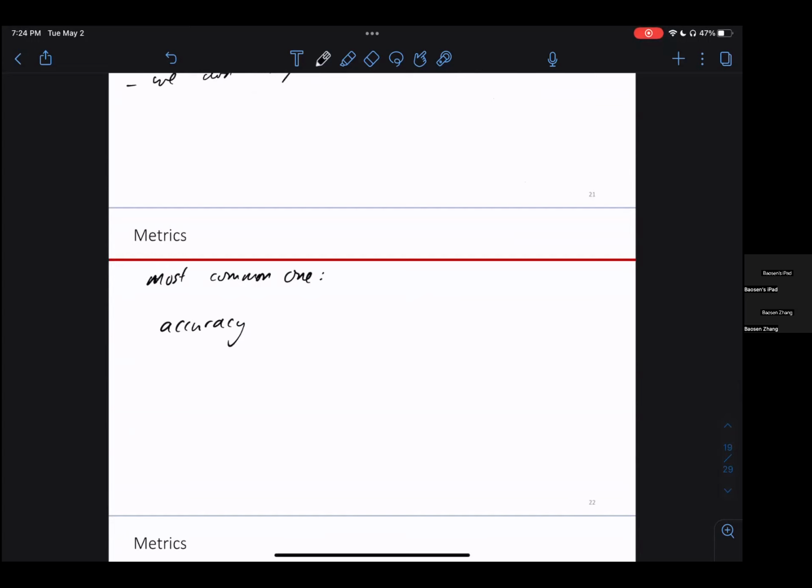This is defined exactly how you would think it's defined. This is 1 minus the number of mislabeled points. So 1 minus the number of points you get wrong, the mislabeled samples.